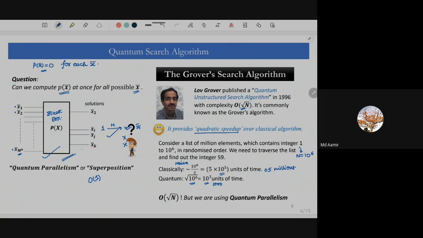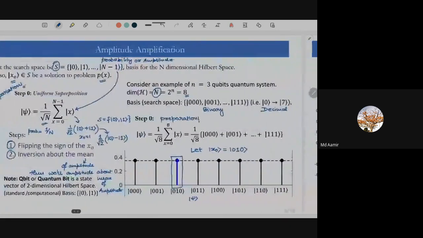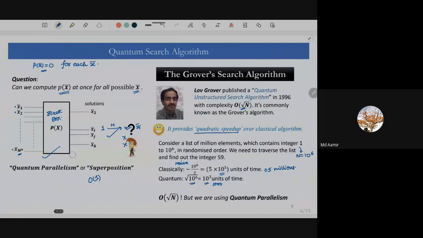We said that we have this black box, we performed this. This black box is just this flipping of the sign here, we can say. This black box is performing this, and then we are trying to perform the measurement. So for measurement, we were doing this probability amplification part.